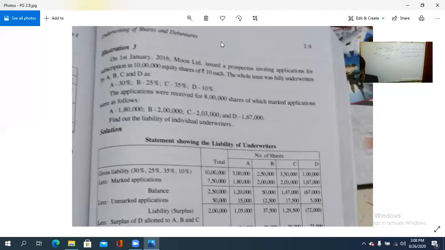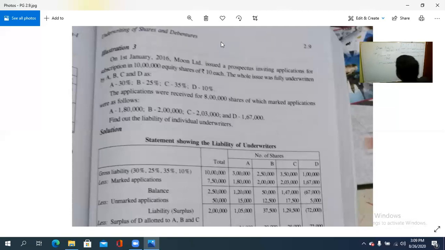So 1 lakh 20,000 plus 50,000 plus 1 lakh 47,000, that is 3 lakh 17,000, minus 67,000, it is 2 lakh 50,000. Less unmarked application. The marked is 7,50,000 and the total is 8 lakh, so 50,000 is the unmarked application.